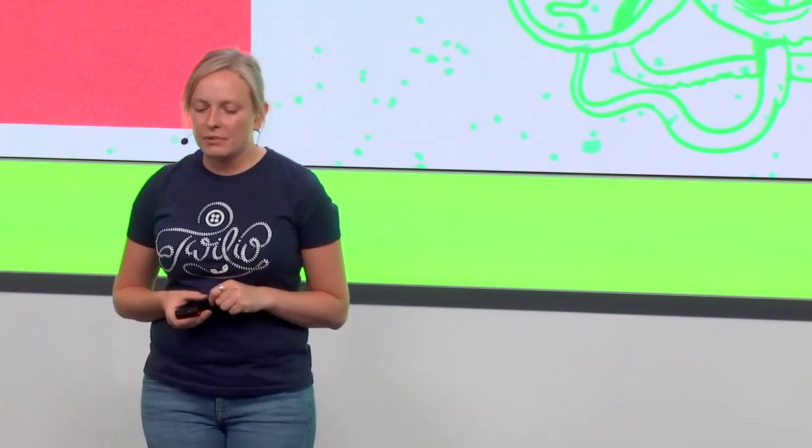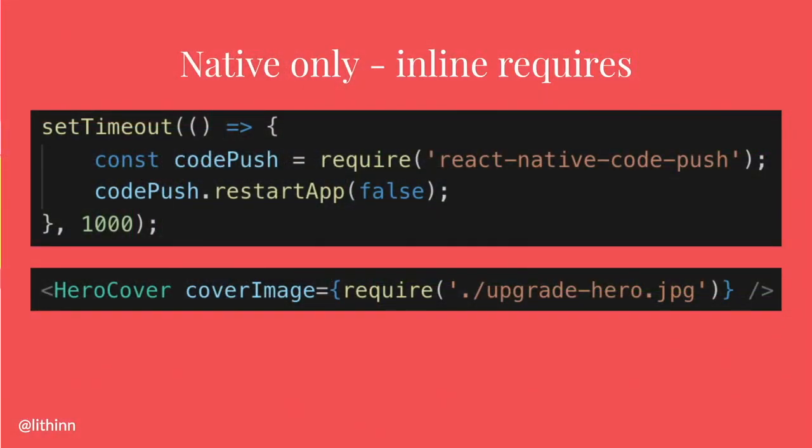Then, this has literally been my life for the last two months: thinking about inline requires. When you package your React Native application, you create a JavaScript bundle that has all of the code in it, including styles and images and all of this stuff.